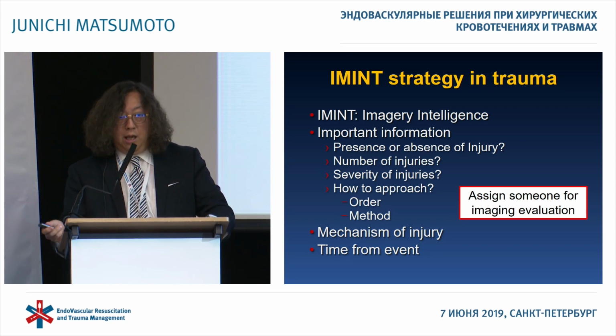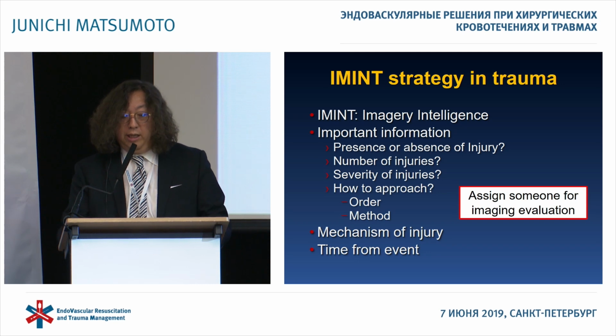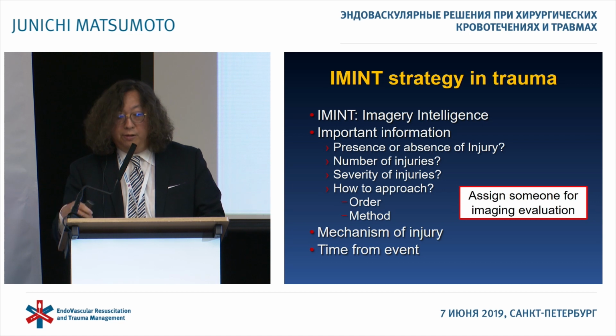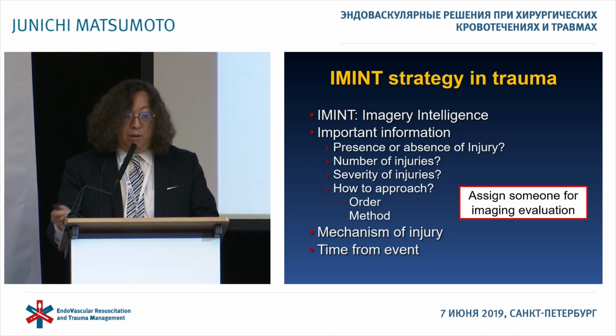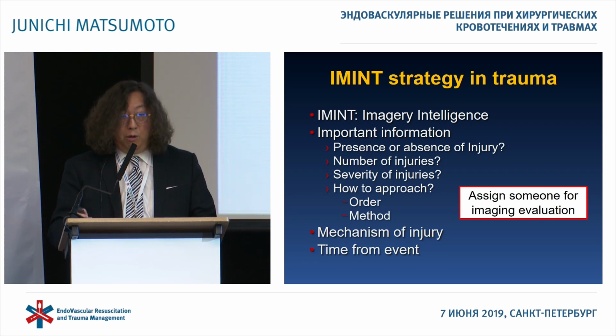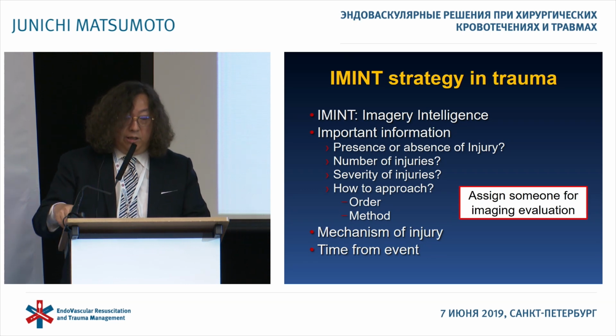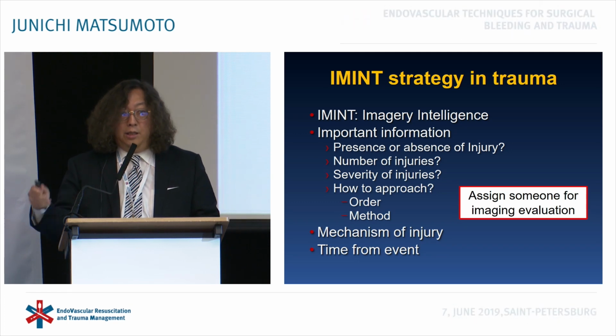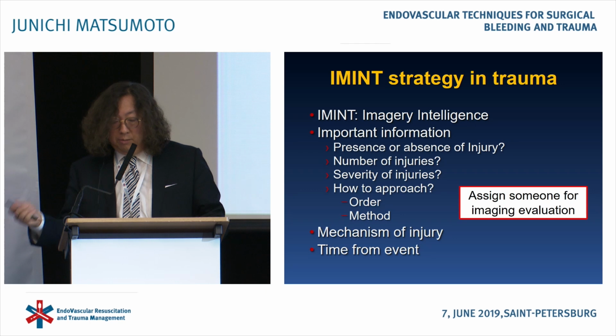We call these strategies IMINT, Imagery Intelligence strategies, because imaging information is very, very important in trauma care because it will tell you presence or absence of injury, number of injuries, severity of injuries, and how to approach them. So you can decide with that imaging information.